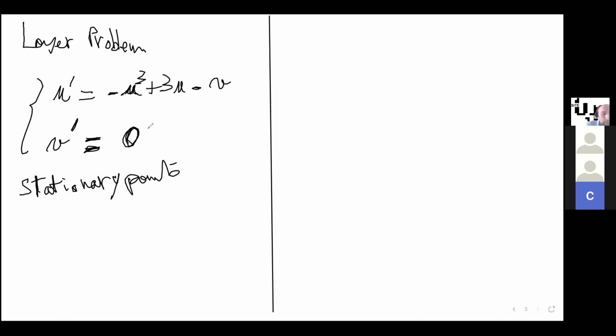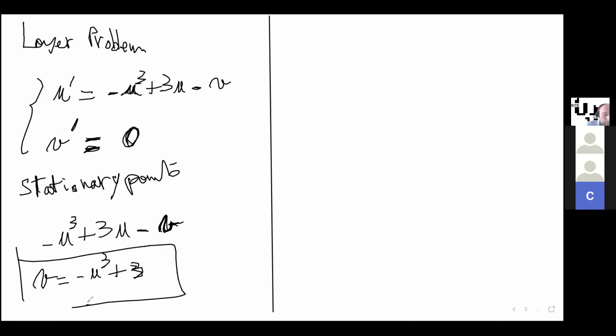So I only have to solve this equation. So the stationary points lie on the null line, on the first null line. So those are the stationary points. So the UV such that, all right.